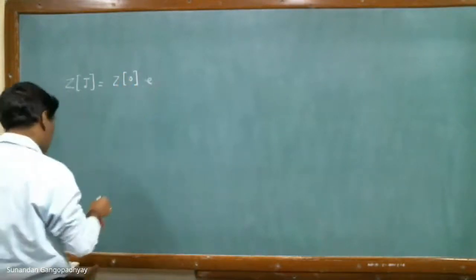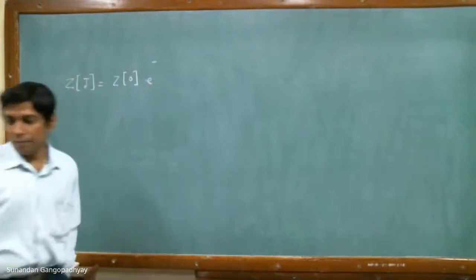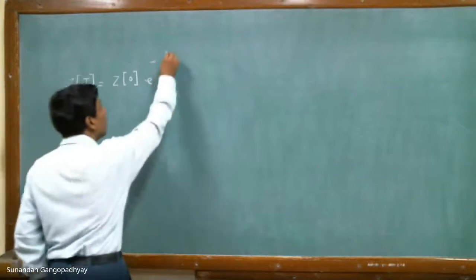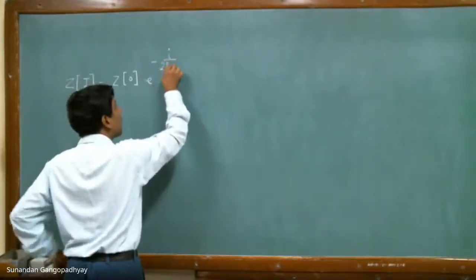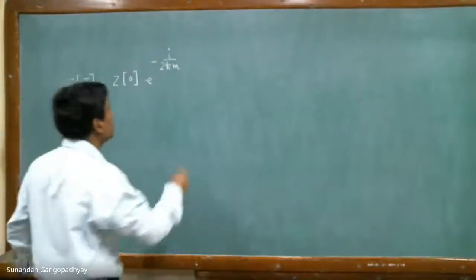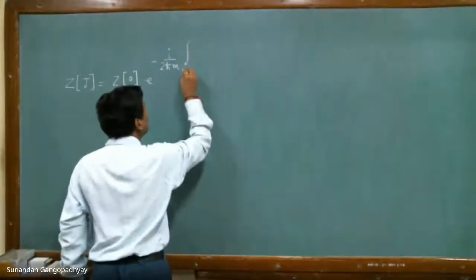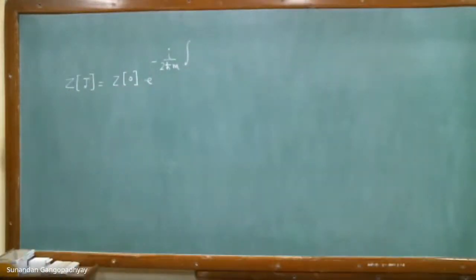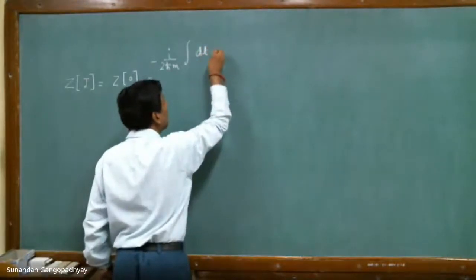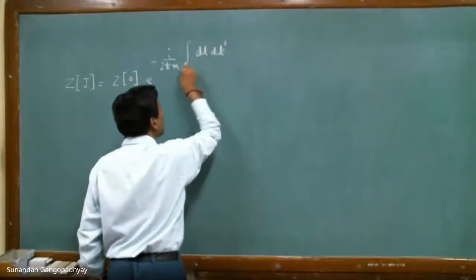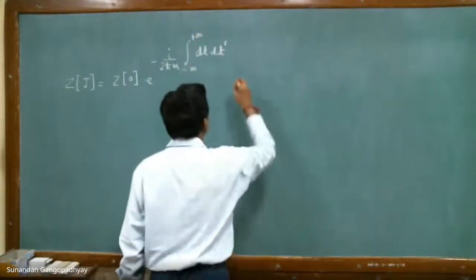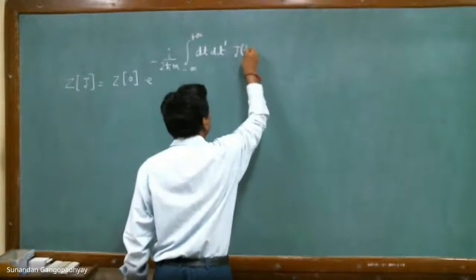E power minus i by h bar m integral dt prime, minus infinity to plus infinity, dt.